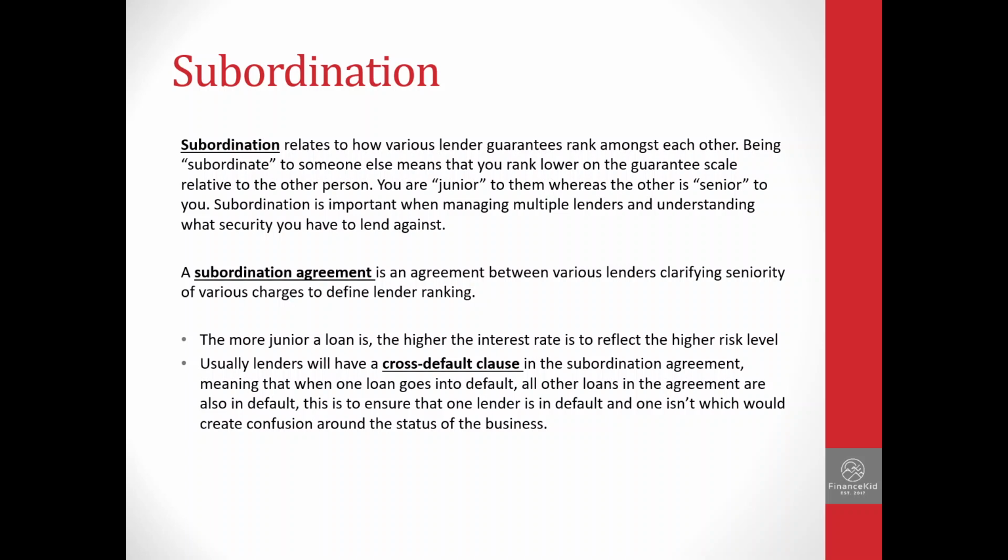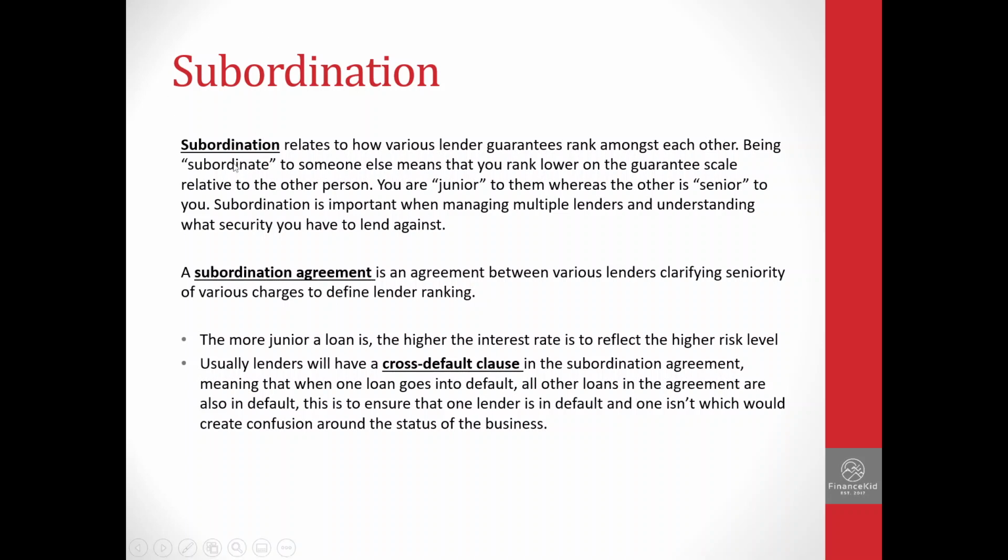If we're all three different lenders, what rights do you have versus what rights do I have? What a subordination agreement does is define the rules and the rankings of these lenders relative to each other for that specific business, so that it defines, in a worst case scenario, who gets paid out first, who gets what type of asset proceeds, sale, and so on.